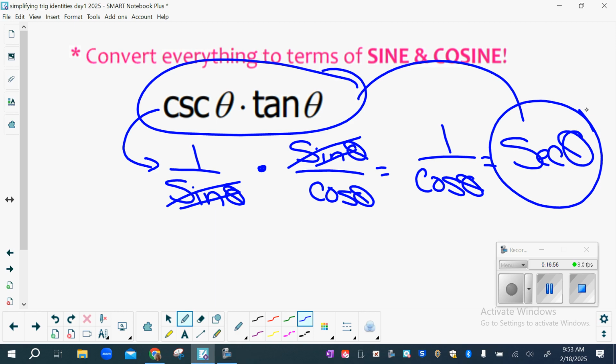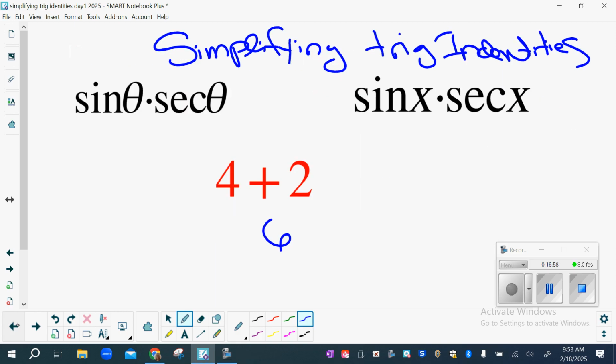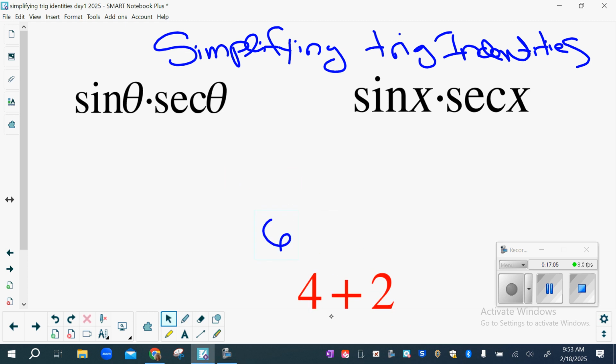So let's step back. Could you guys try this one now? It's the same thing. Rewrite it using only the words sine or cosine. If it's already got sine, yay for you.